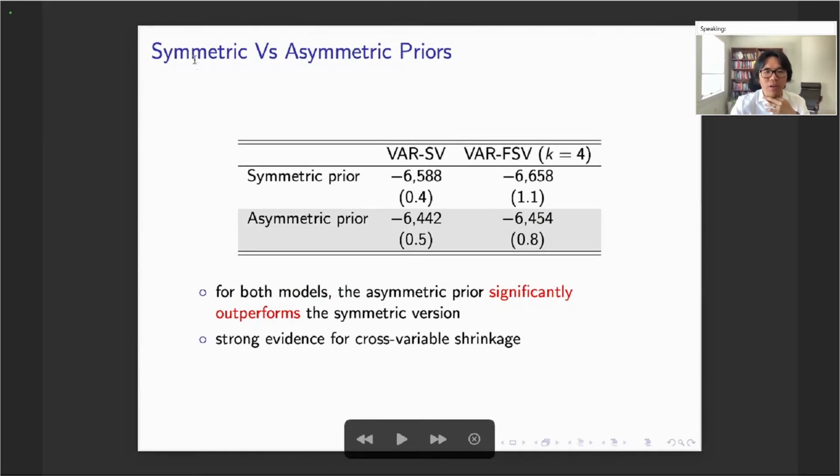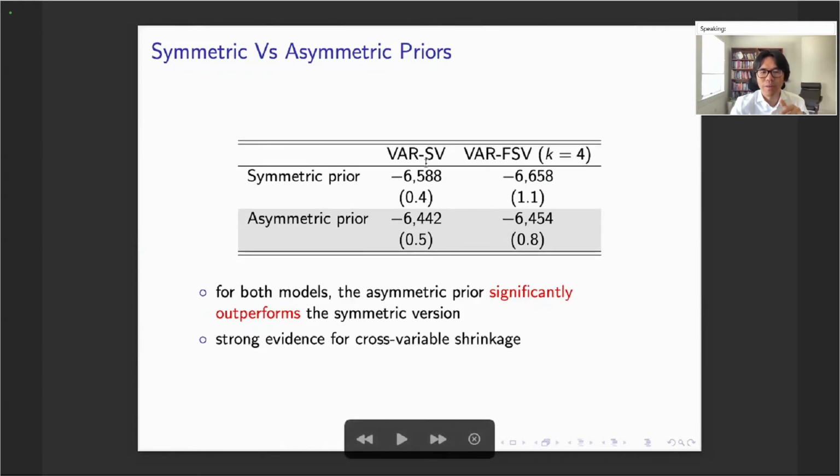First we compare the symmetric versus asymmetric prior. The two stochastic volatility models that allow symmetric and asymmetric priors are the Cholesky SV and the factor SV. For both cases, if you relax the assumption that kappa 1 equals kappa 2, you get a huge increase in the log marginal likelihood, right?